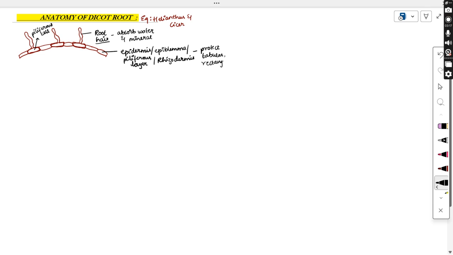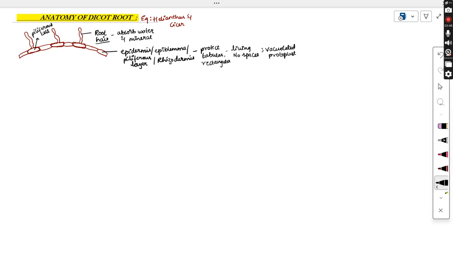This layer consists of living cells, tightly packed without any intercellular spaces, and containing a vacuolated protoplast and a nucleus. These types of cells form the outermost layer of the plant body. We call it the epidermis.